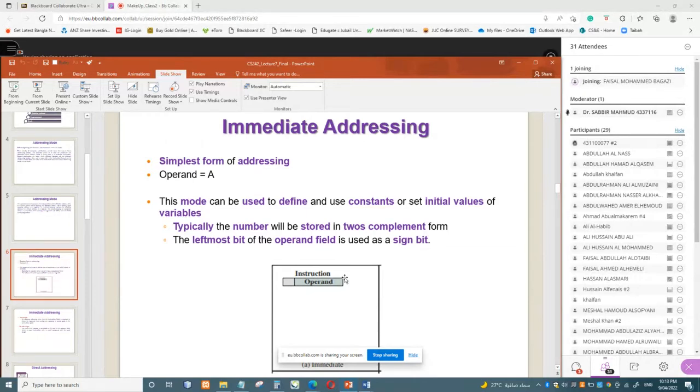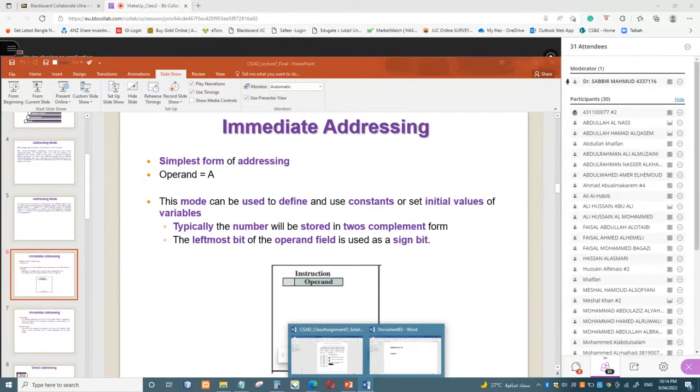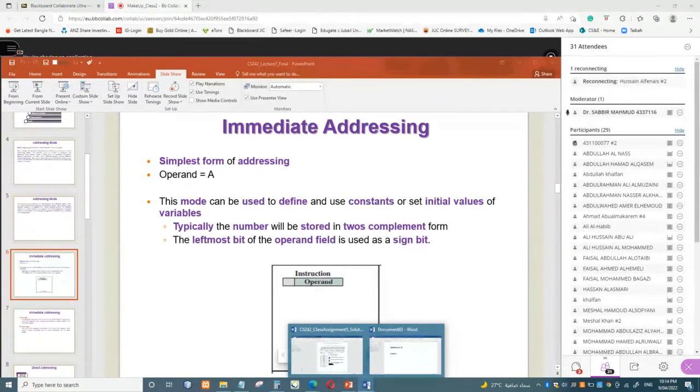Out of 11 bits, we can use 4 bits for the destination register, and the remaining 6 bits for the immediate value. Now, when you are using only 6 bits for your immediate value, you can understand your constant value cannot be very big. Are you understanding, boys?